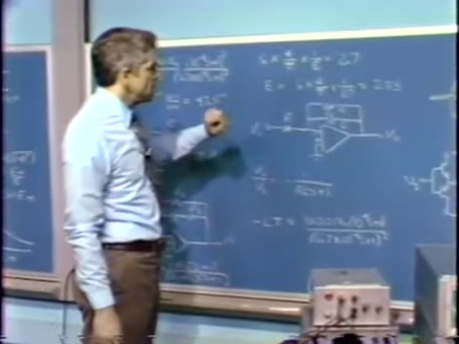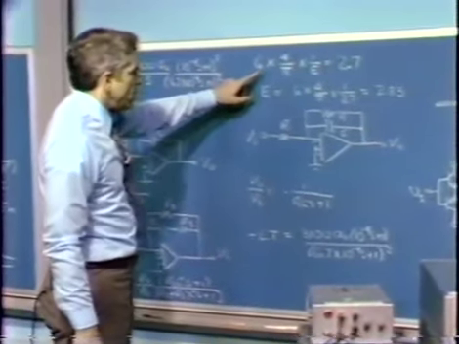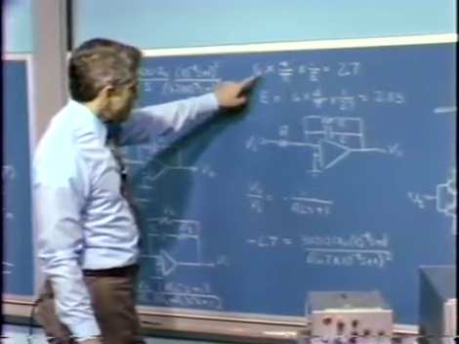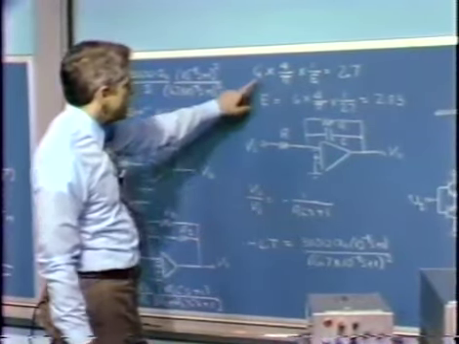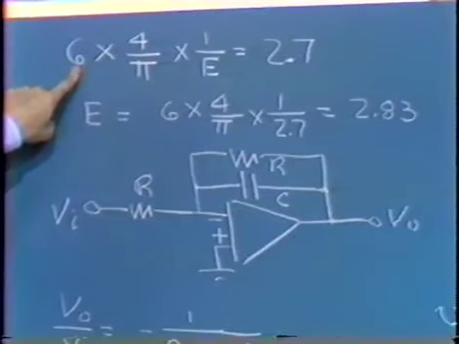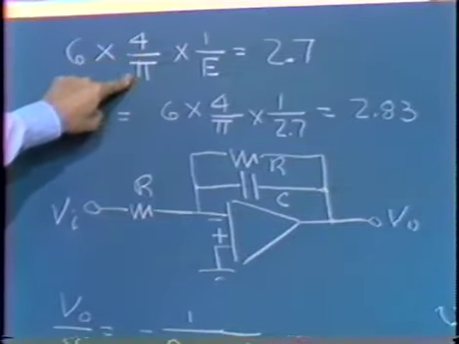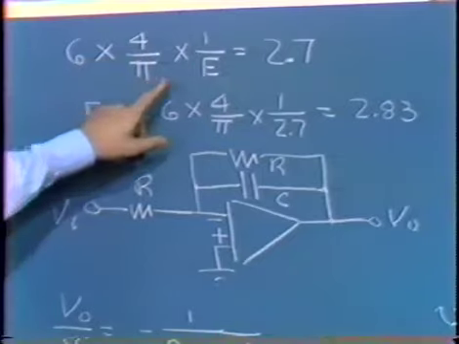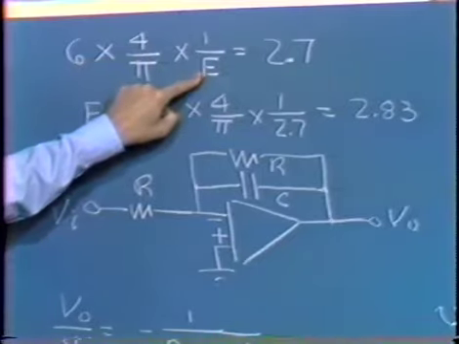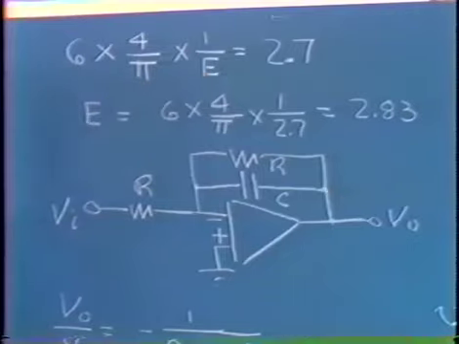And we said under those conditions, we can get the approximate describing function for our element by taking the peak value of the output, 6 volts, times 4 over pi, which gets us the fundamental component of the output, and dividing by the input signal level, which is E.